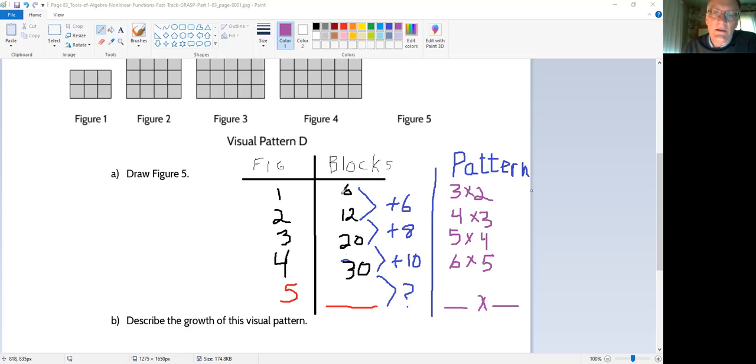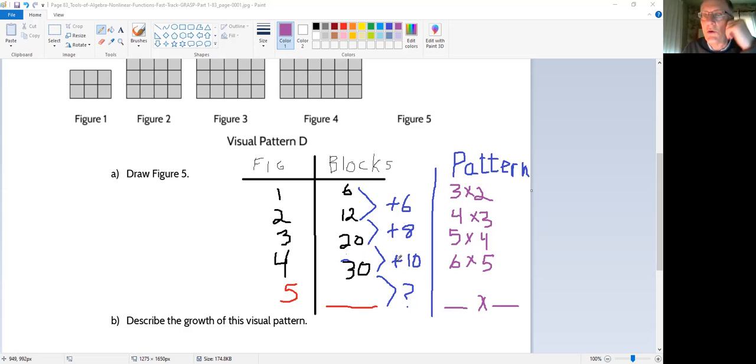We notice that it goes from 6 to 12, from block 1 to block 2. So that's an addition of 6 blocks, and you had that absolutely correct. And then from 12 to 20, block 2 to 3, there's an additional 8 blocks. From 20 to 30, there's an additional 10 blocks.